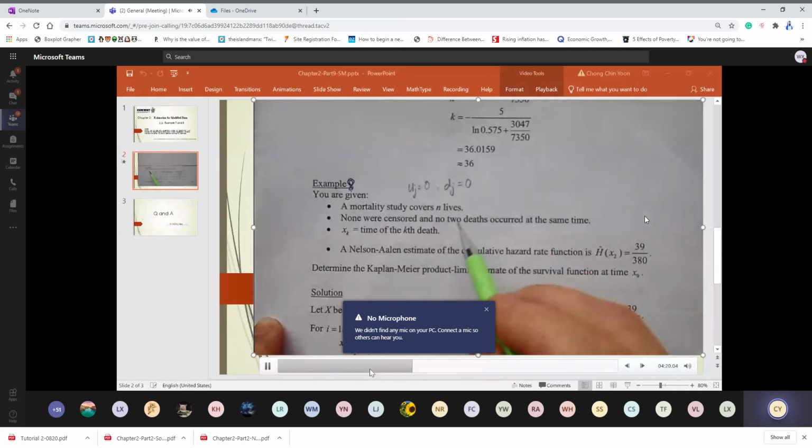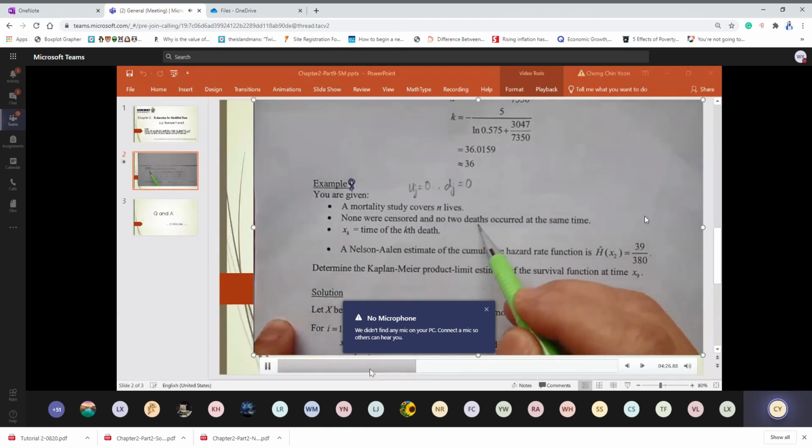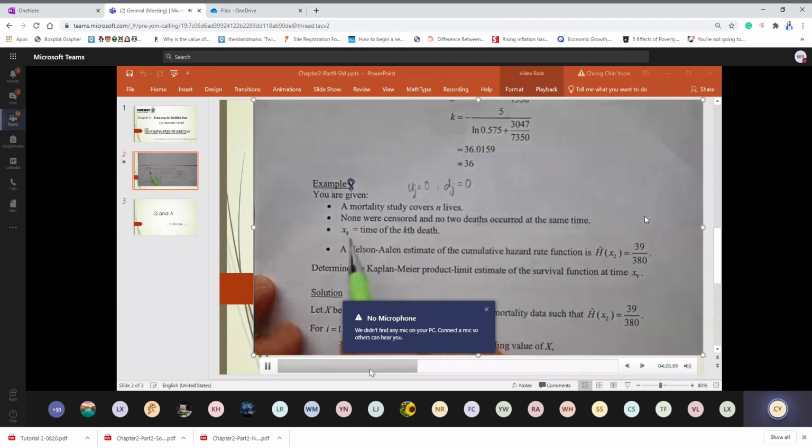That means all the death values, that is the uncensored values, are distinct. There's no repeated value for the x. And xk is the time of the kth death. That x1 refers to the first death, the first x1 value. The second means x2 is the time of the second death.